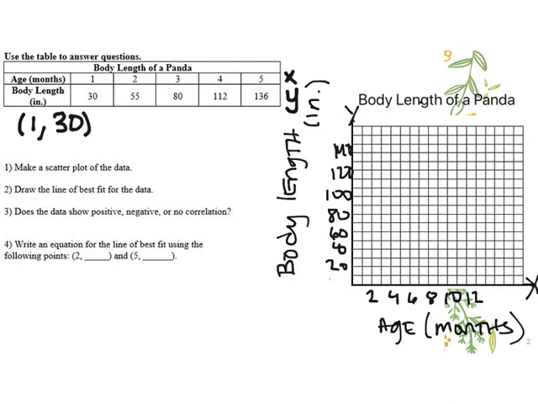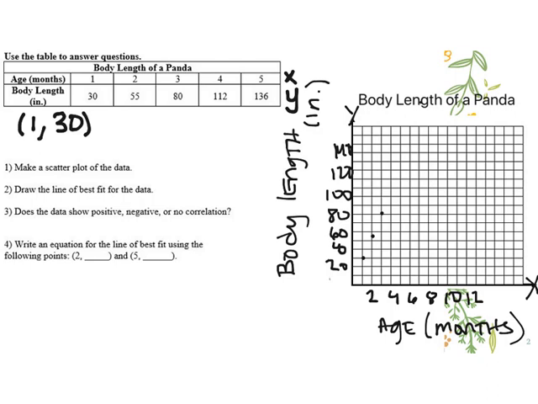So now I'm going to go ahead and make a scatter plot. My first point, like I said, was 1, 30. So I'm going to go right here, put a dot. My next one is 2, 55. Go ahead and put a dot. As close as it can possibly be, you guys. It's totally fine. Number 3 is at 80.